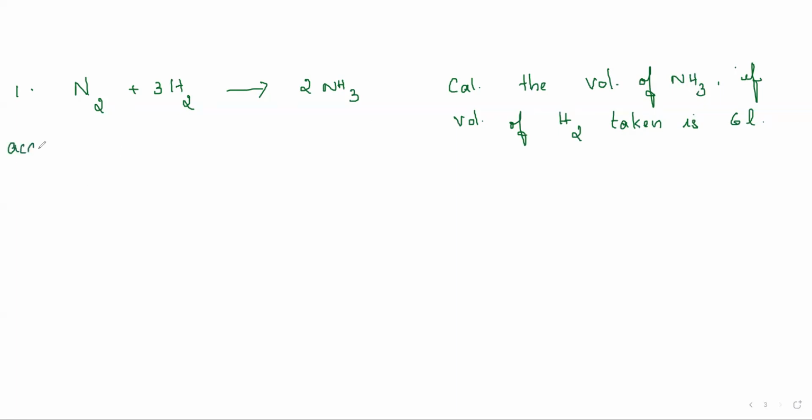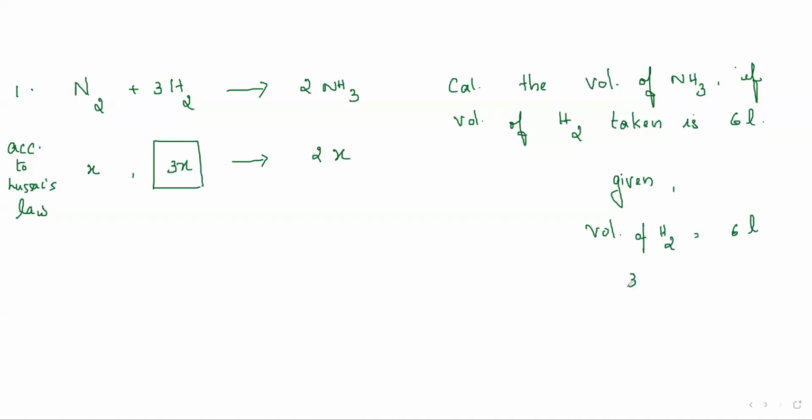So here we will write according to Gay-Lussac's law, x volumes of nitrogen requires 3x volumes of hydrogen and you will be getting 2x volume of ammonia. And what is given here? It's given volume of hydrogen is 6 liters. That is 3x is equal to 6 liters.